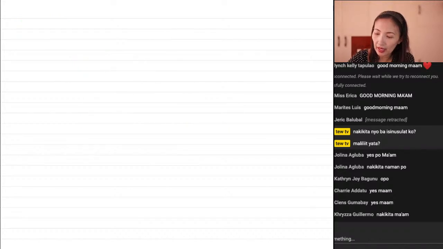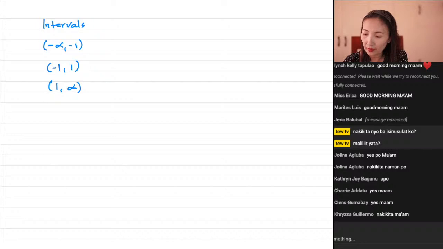Considering that the function is not defined at these two values of x, we will look at the behavior of the function to the left of negative 1, between negative 1 and 1, and from 1 to infinity. Now we are to identify some test points. Here let x be negative 2, let x be 0, and let x be 2.